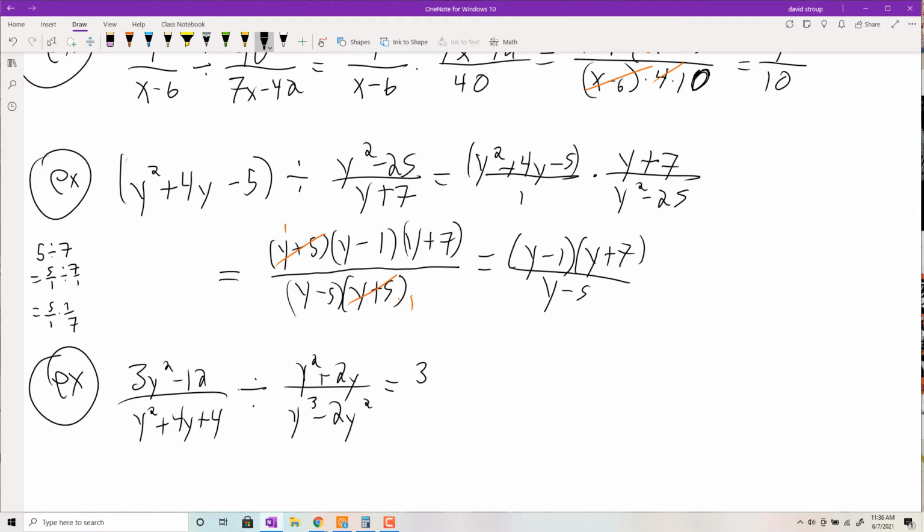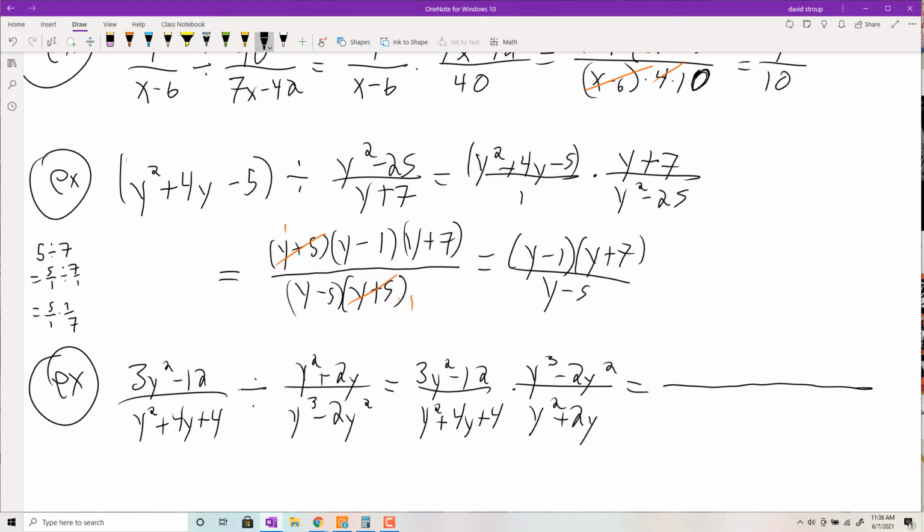If you want to, you could factor as you go along. This is the way I do it. So times y cubed minus 2y squared all over y squared plus 2y. Now I'm going to start factoring. So the GCF for the first binomial there is 3, giving 3 times y squared minus 4. And then the GCF for this binomial will be y squared.